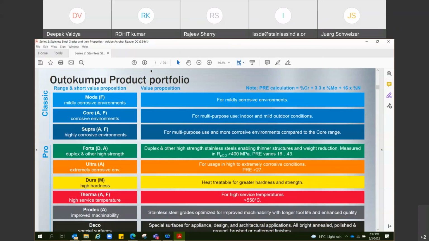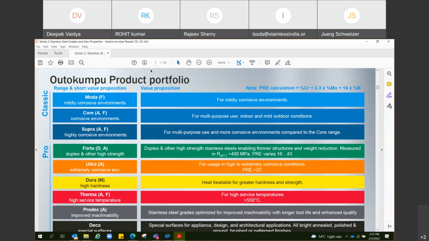Okay, this is what I have explained to you just now. Just clicking on to the Forta series, you can see the RP02 value. The green one is having a strength of more than 400 megapascal as per the standards.